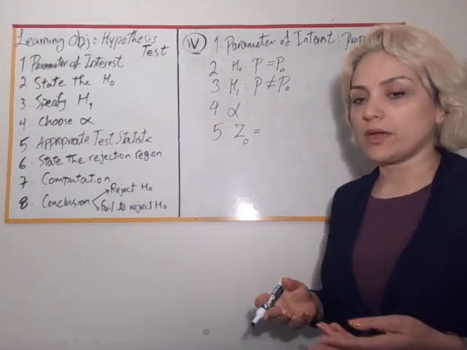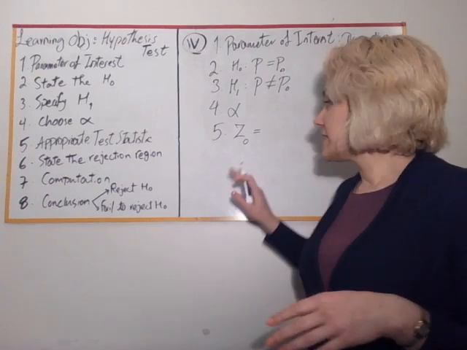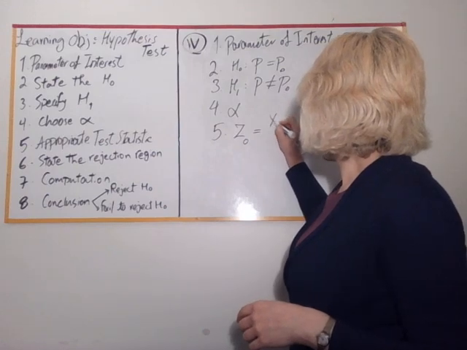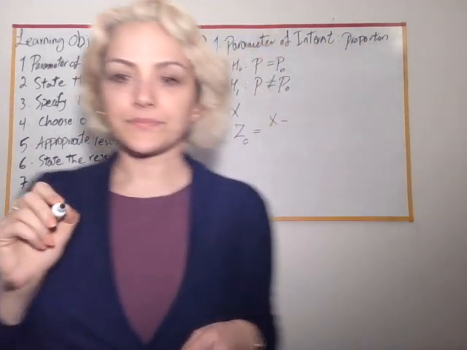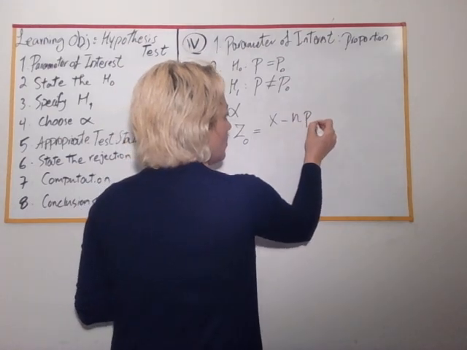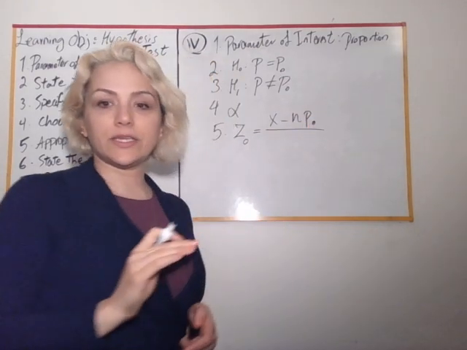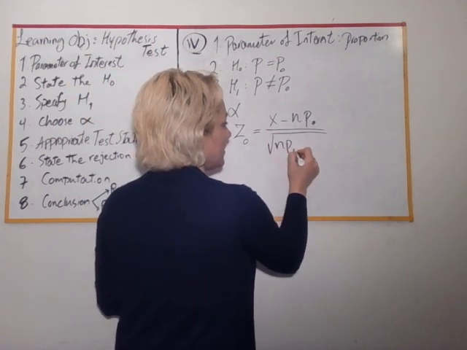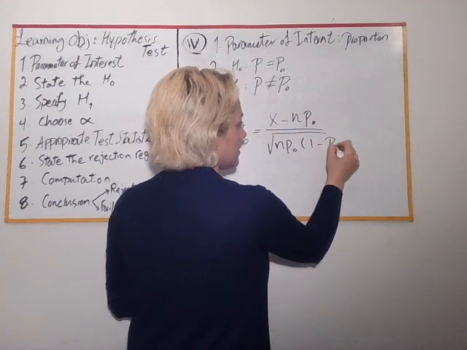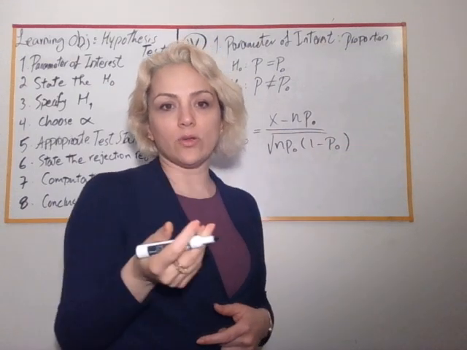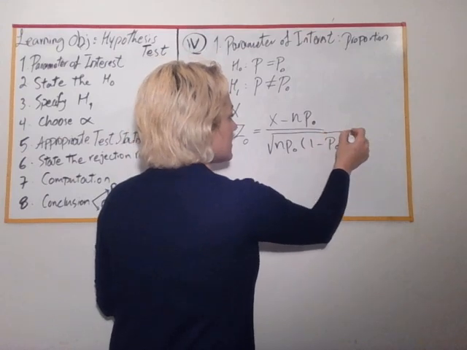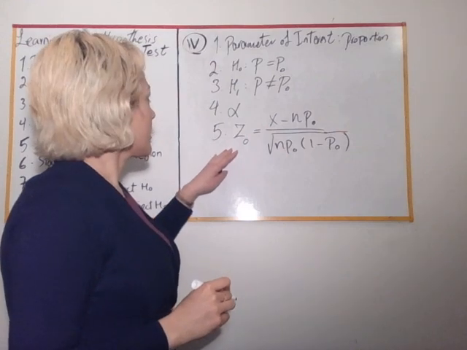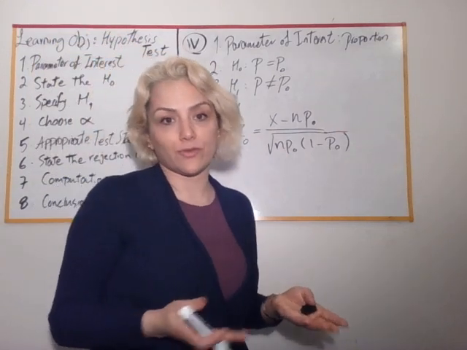So for the Z null, we would write x minus n p null, and on the denominator, the square root of n p null times 1 minus p null. So we are going to have this equation for the test statistic, and it's different than the equations that we had for the previous ones.